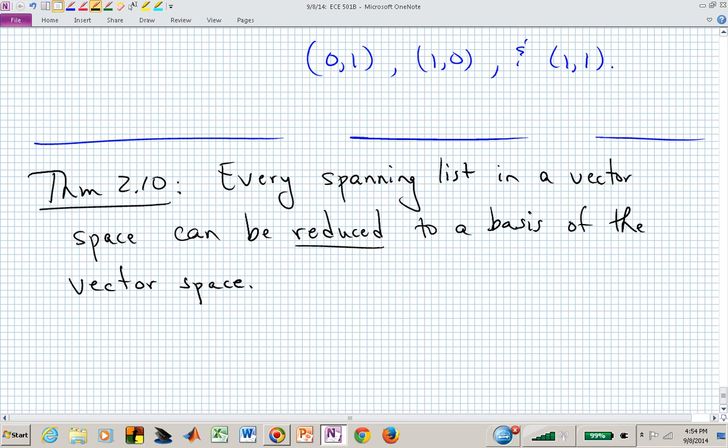That's nice. So somebody gives you a spanning list, you go, oh, good. But now all you have to do is throw out what you don't need. And we'll develop techniques for doing that. But now let's just talk about this in general, or prove this in general.